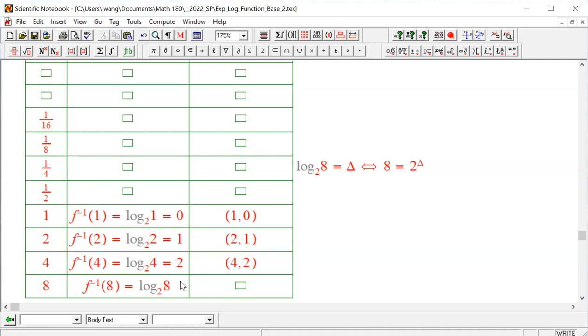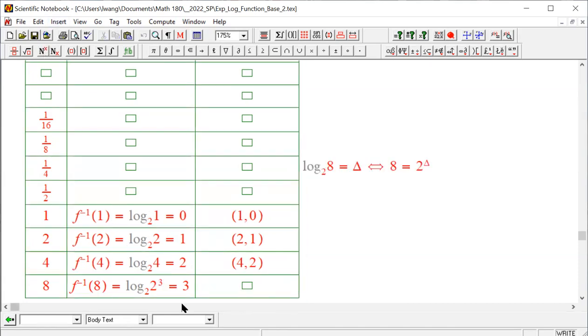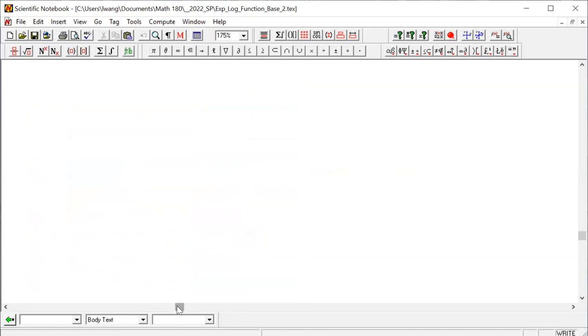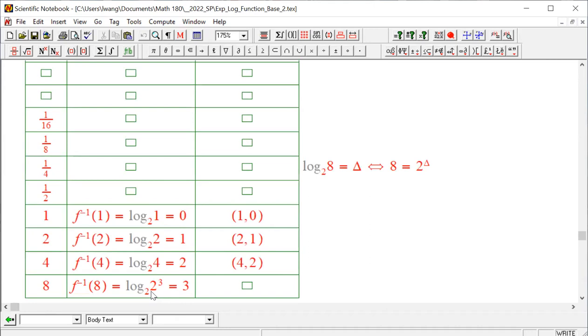I also want you to observe something else. 8 is 2 to the power 3, isn't it? So you may notice with log base 2, if the input is 2 to the power 3, you just have to bring the power down, which is 3. So 8, 3.